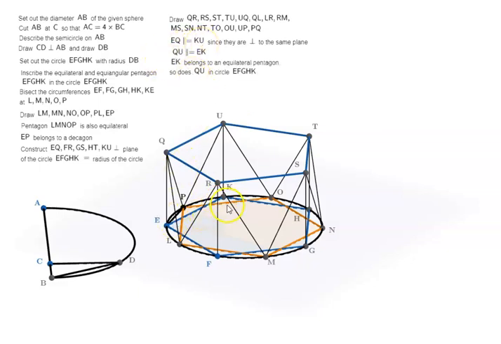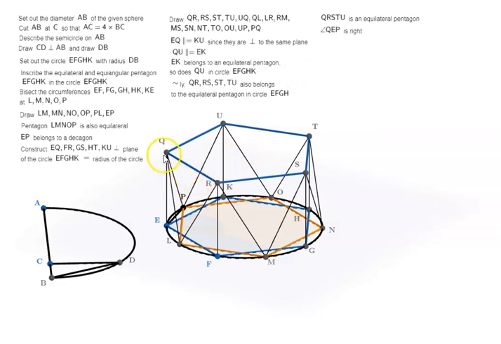Now EK belongs to the equilateral pentagon inscribed in the EFGHK circle, which means QU also belongs to the equilateral pentagon in circle EFGHK. Similarly, we can show QR, RS, ST, TU also belong to the equilateral pentagon in circle EFGHK. So, which means QRSTU is an equilateral pentagon.